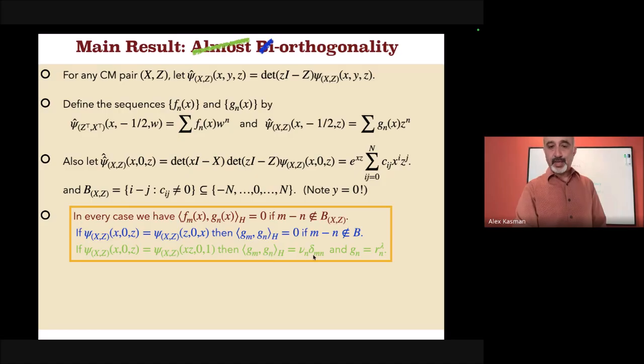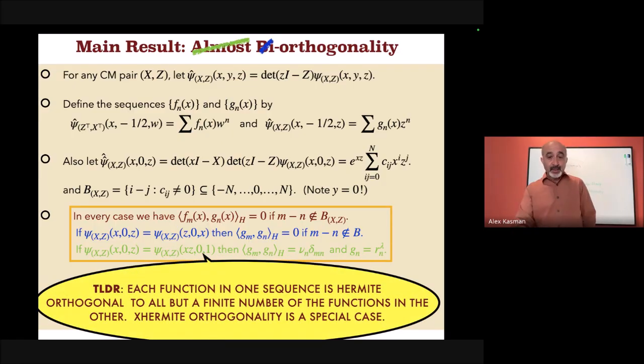So we actually get that the sequence is an orthogonal sequence, and in fact it's the exceptional Hermites that we already saw, corresponding to some lambda. So the summary is: each function in one of these sequences is orthogonal to almost all of the others with respect to the Hermite inner product. And we can recover the exceptional Hermites as a special case where the wave function satisfies this.